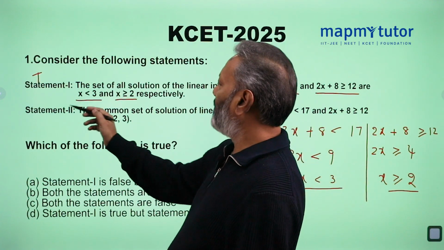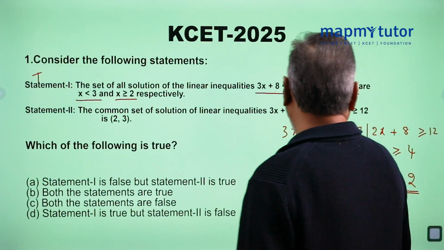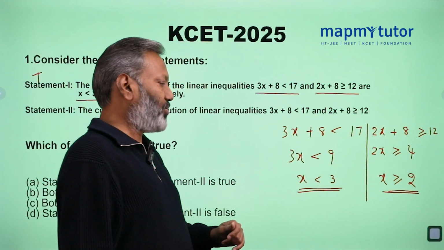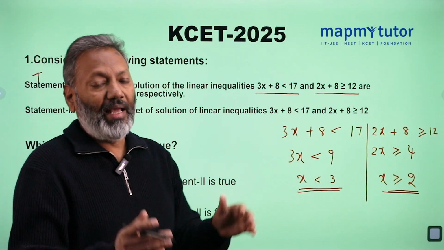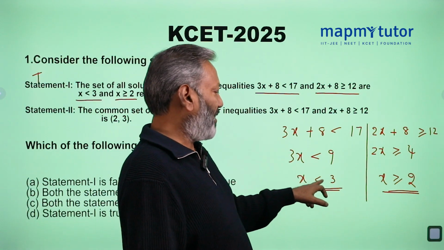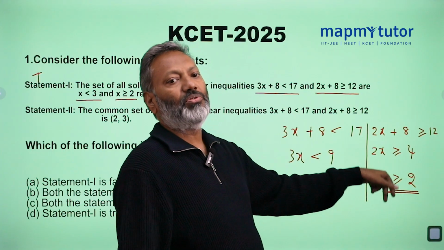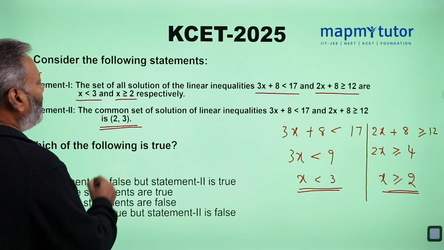Now, to verify statement 2, we just have to take the common solution. In one condition, x is greater than or equal to 2, and in the other, x less than 3. That means x lies between 2 and 3, but 3 is excluded because only less than 3 is allowed, and greater than or equal to 2 means 2 is included. But here, observe this set: open interval 2 to 3.